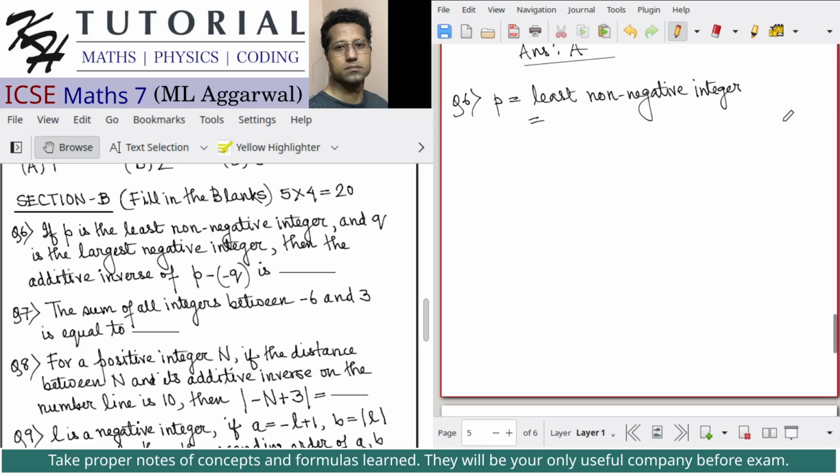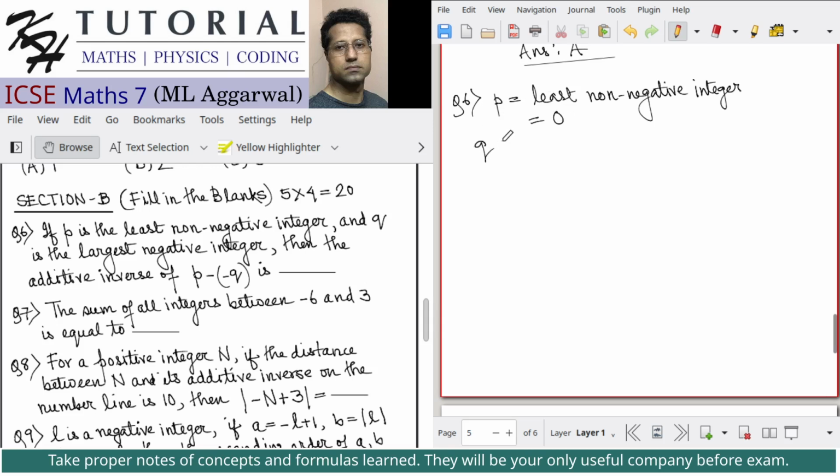So the least non-negative integer has to be 0. The non-negative integers are all the integers which are not negative. That means it can have the value 0, because we know that 0 is neither positive nor negative. So 0 is not a negative number, so it is a non-negative integer, along with all the positive integers. So all non-negative integers are 0, 1, 2, 3, 4, 5 like this, and the least of the non-negative integers is obviously 0. So P is 0.